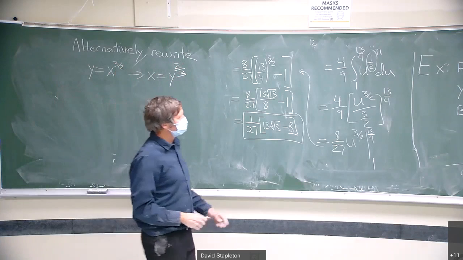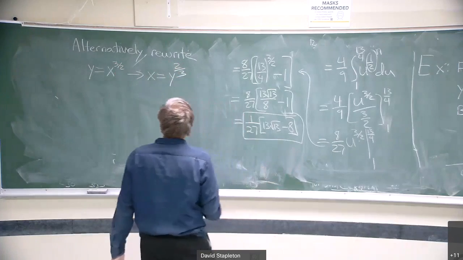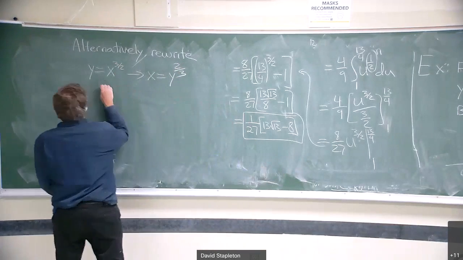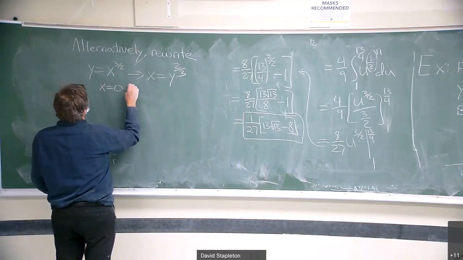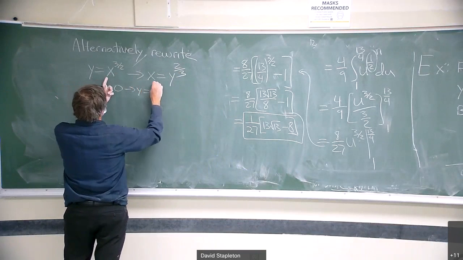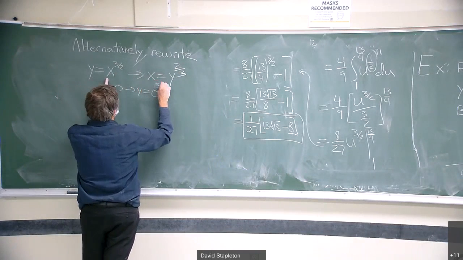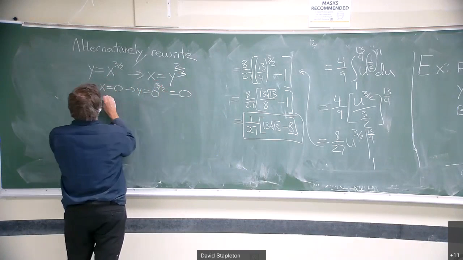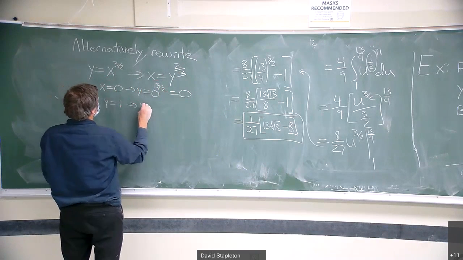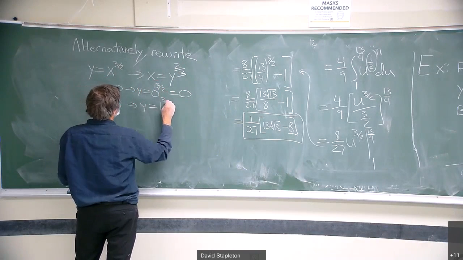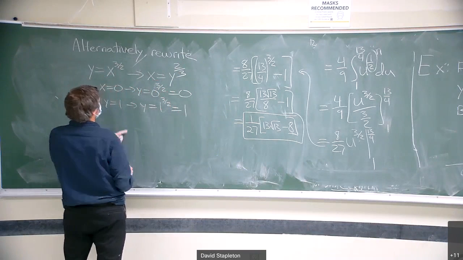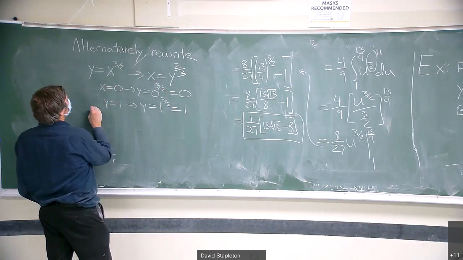And here x went from 0 to 1. So when x equals 0, y equals 0 to the 3/2, which is also 0. And when x equals 1, y equals 1 to the 3/2, which is also 1. So once again, the integral will go from 0 to 1.